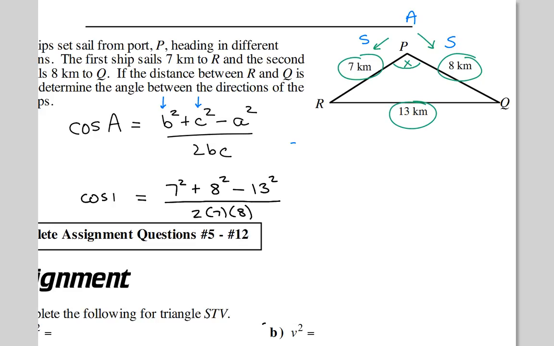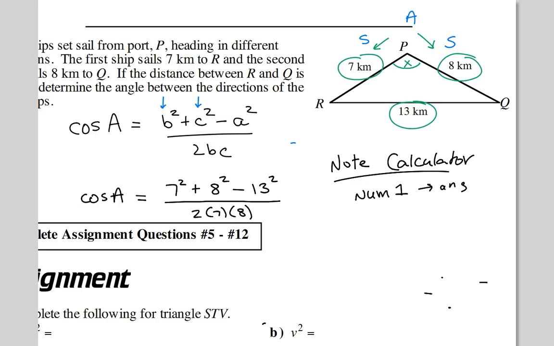Now this is where it just gets dicey on the calculator. What I recommend for the calculator, I'll just put a little note here, is what I would personally do. I would do the numerator, get my answer, then the denominator, get that answer, and then divide.